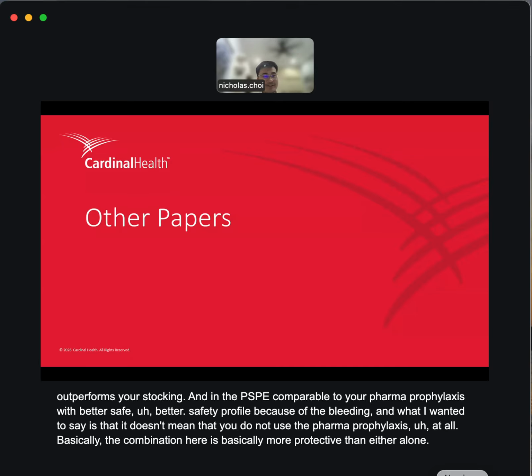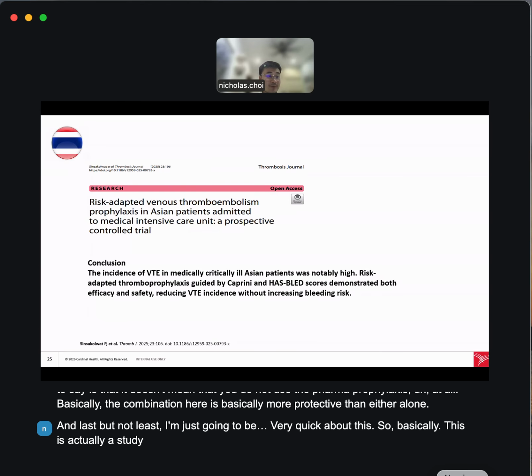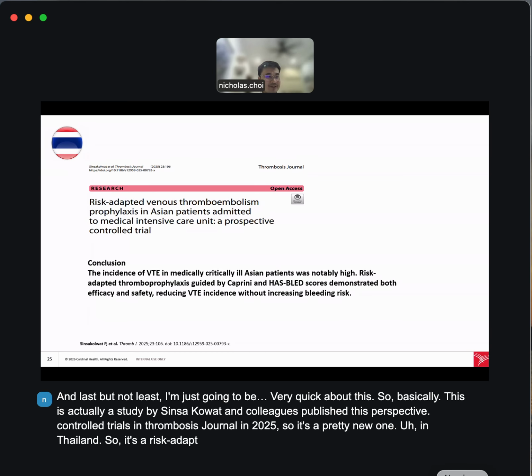And last but not least, I'm just going to be pretty quick about this. This is a study by Sinsa Kowat and colleagues, published as a prospective controlled trial in Thrombosis Journal in 2025. So it's a pretty new one from Thailand. It's a risk-adapted VTE prophylaxis in Asians admitted to medical ICU.